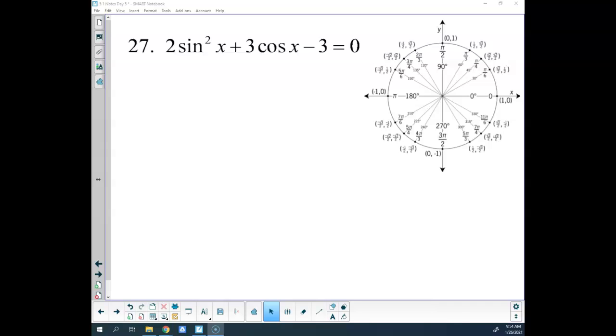Is there a way that we could get it to one trig function?